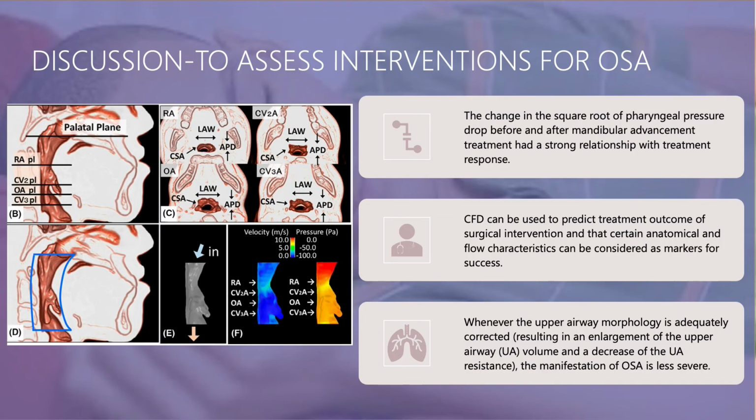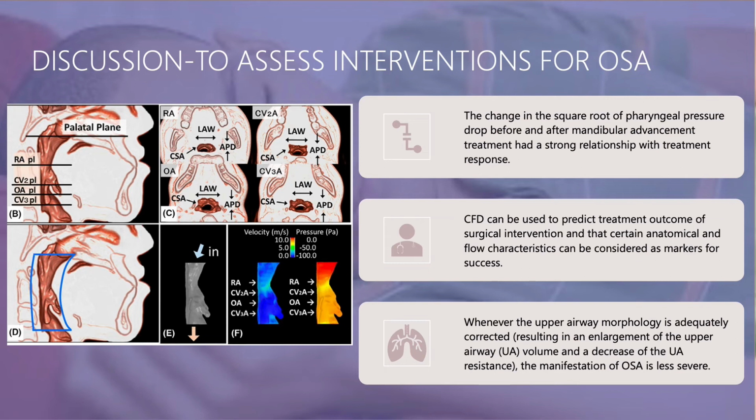The change in the square root of pharyngeal pressure drop before and after mandibular advancement treatment had a strong relationship with the treatment response. CFD can be used to predict treatment outcome of surgical intervention, and certain anatomical and flow characteristics can be considered as markers for success.